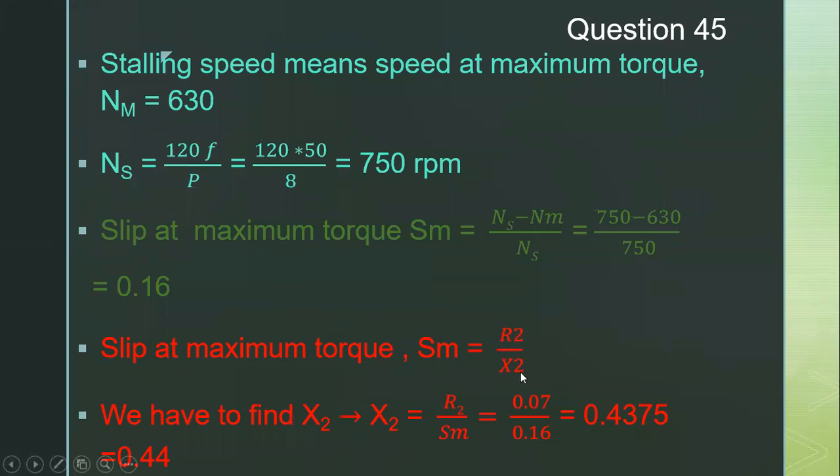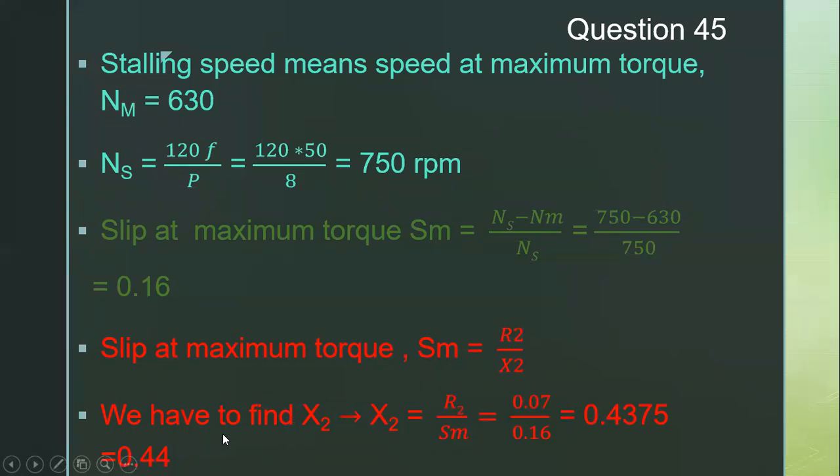So X2 will be equal to R2 divided by Sm. R2 is 0.07, Sm is 0.16, so you will get 0.4375, approximately 0.44.